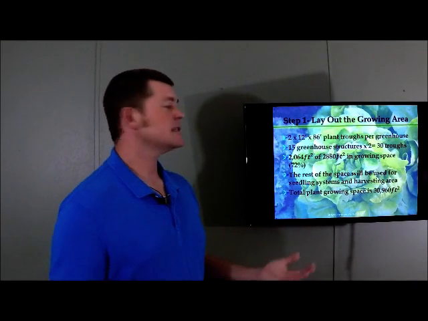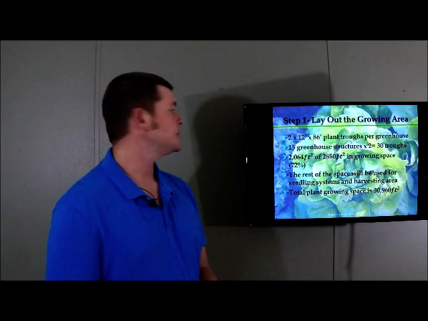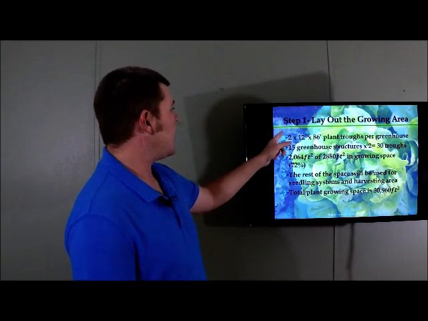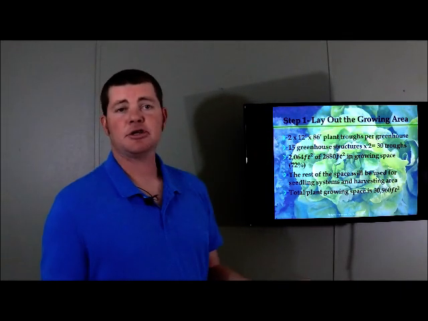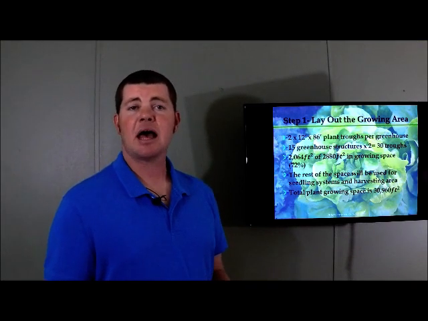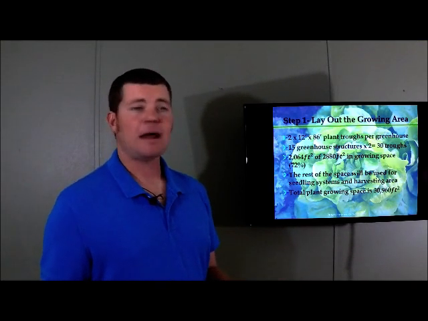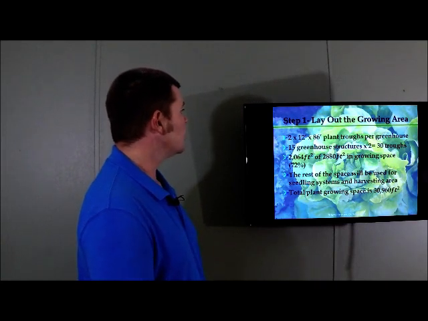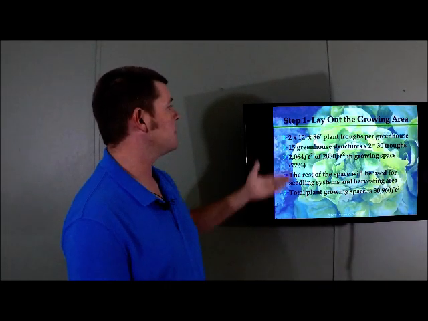Okay, so first let's lay out the growing area in the greenhouse. We know the sizes. In the last example, we laid out a really efficient layout inside of a 30 by 96 greenhouse. So we're going to use the same layout for plant troughs.